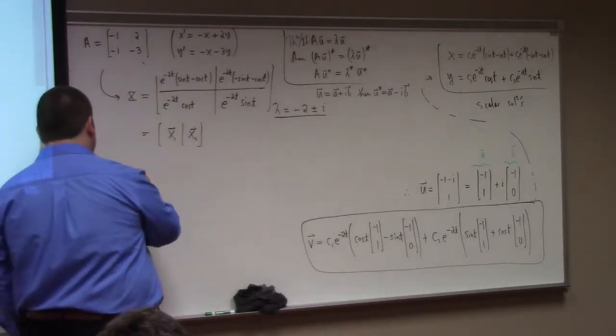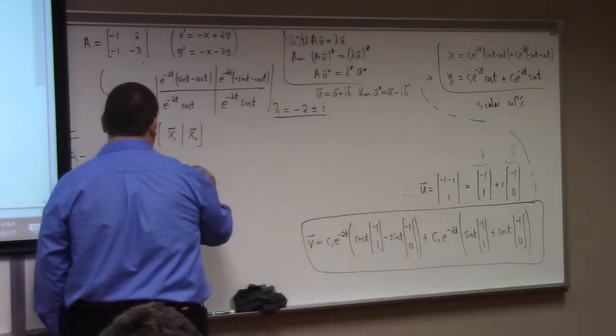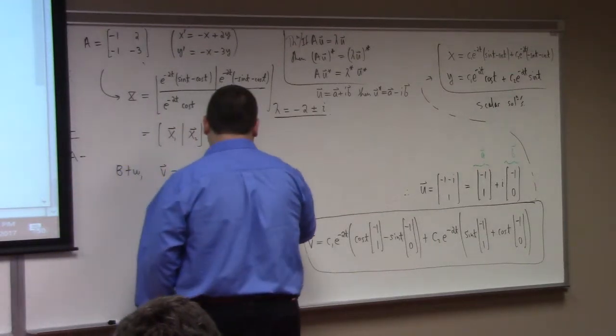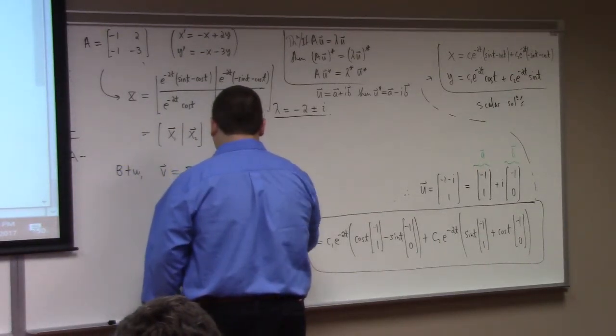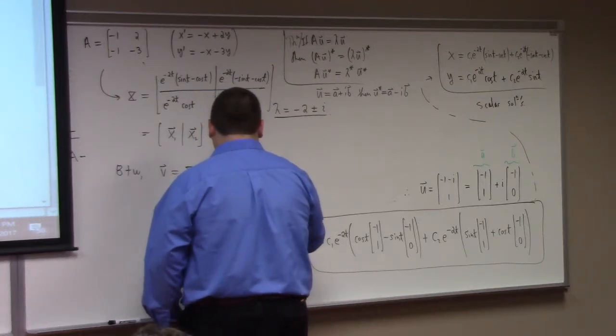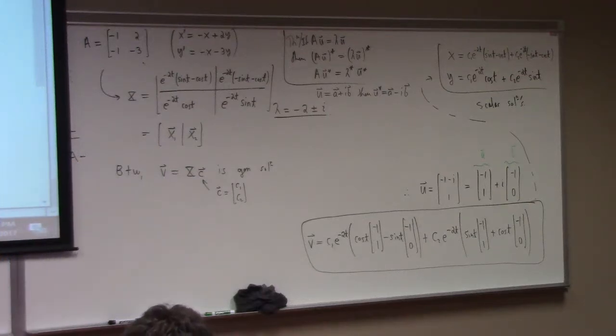By the way, V equals X times c vector is the general solution, where here c is C1, C2. So if we have a fundamental solution matrix, we can express the general solution as the product of the fundamental solution matrix times the column vector of constants. It's another way of looking at things.